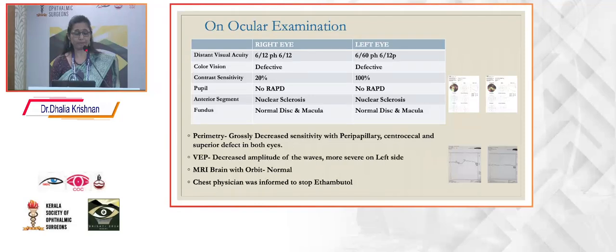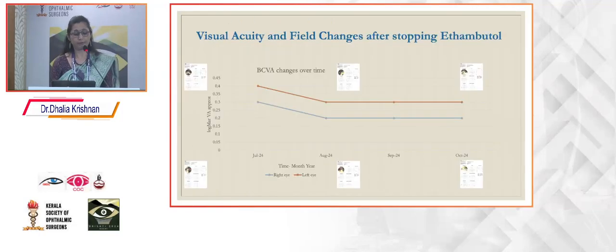Fundus was normal, but the perimetry revealed grossly decreased sensitivity with a lot of defects. VEP showed decreased amplitude of waves, more severe on the left side. MRI brain with orbit was normal. The chest physician was advised to stop ethambutol. After stopping ethambutol, his visual field and acuity improved over the next 3 months.